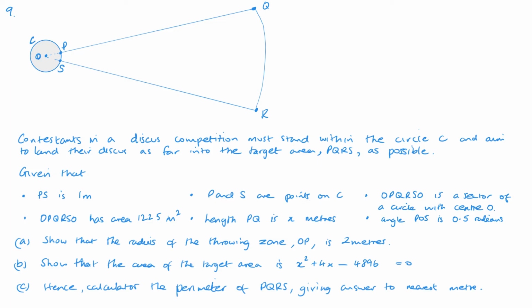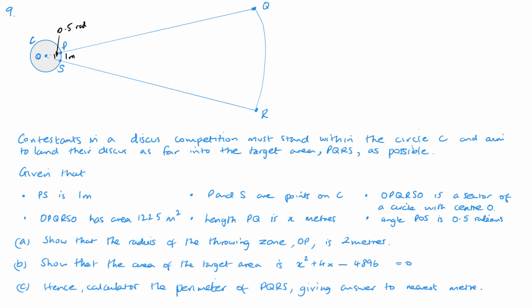P and S are on point C. So that's the sector of a circle, center O, and so let's just start putting some values onto our diagram. So that's 1 meter. That has an angle of 0.5 radians.